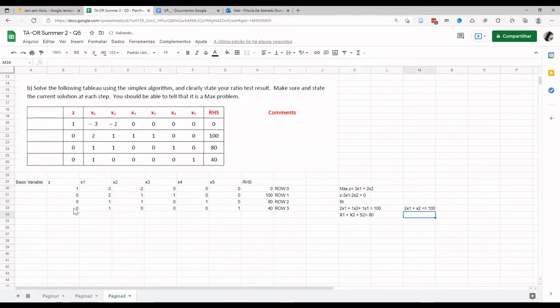And in the original problem, it would be like this. So these are our three constraints in the original problem, and this is our objective function. And that's what we can see here.